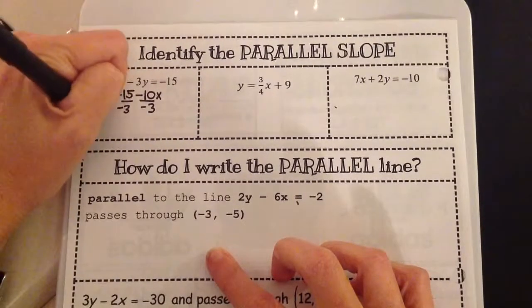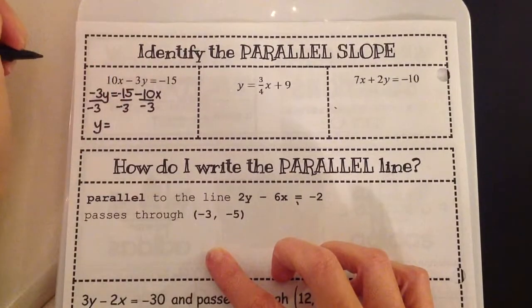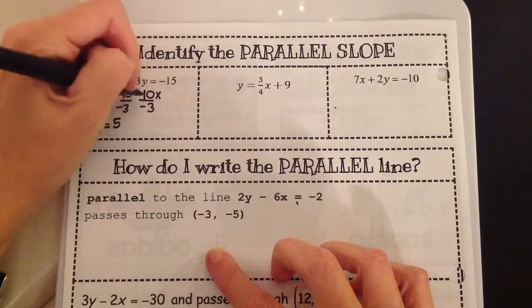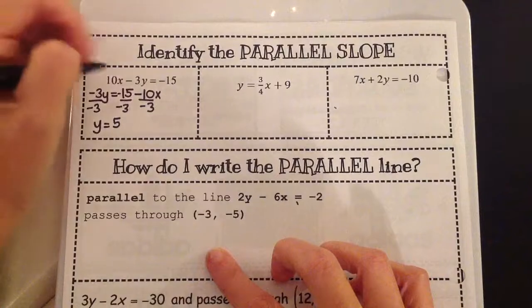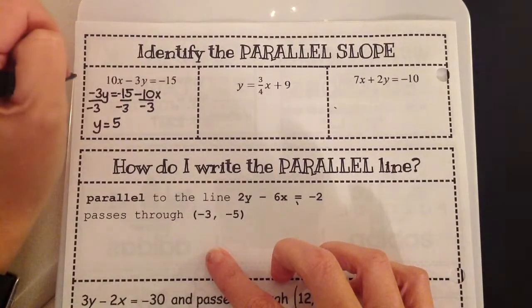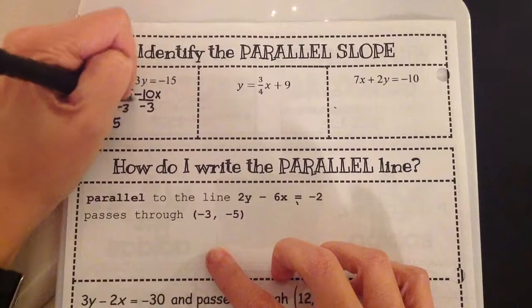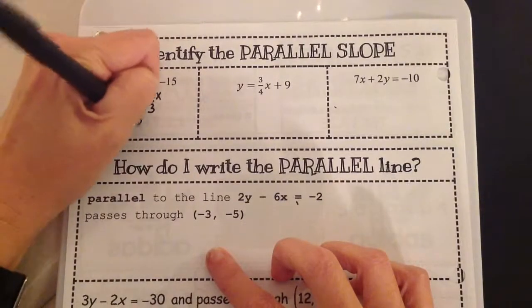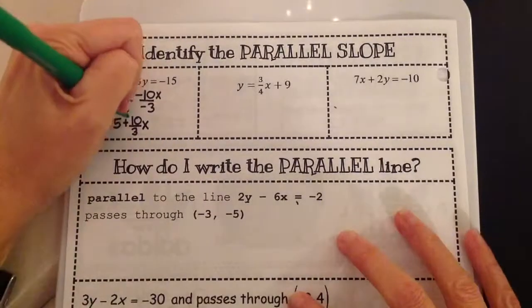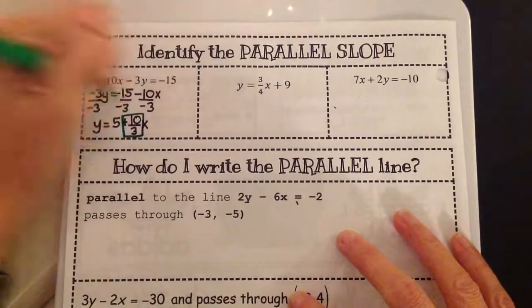Okay, so y equals, that is going to be 5, and then 10 divided by 3 is not going to divide in evenly, so I'm going to simplify my ratio. Well, 10 divided by 3 is not going to simplify, so this is going to be plus 10 thirds x. And I want to identify my slope, and so y equals mx plus b.